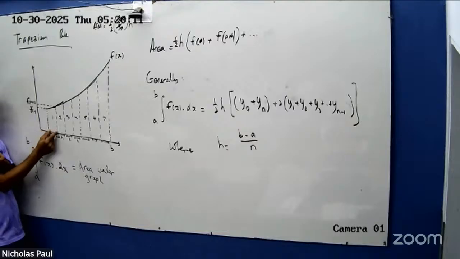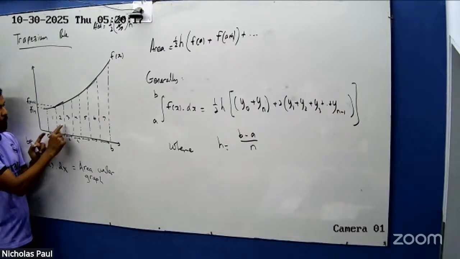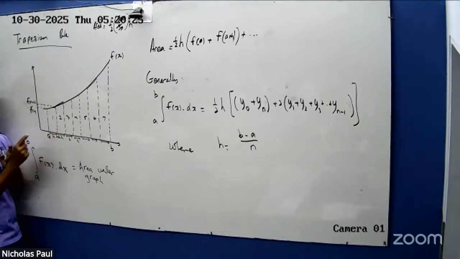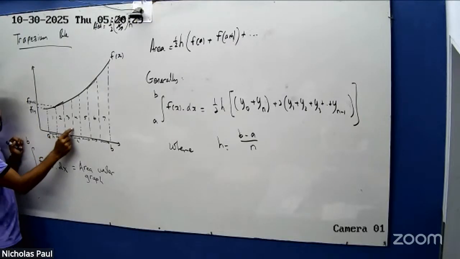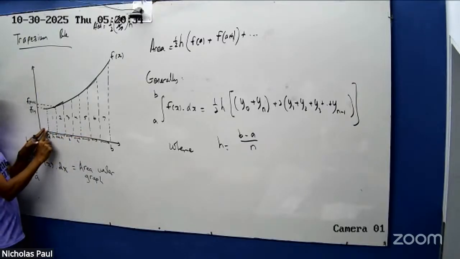We're using y1 for this one, and we're using y1 for this. Watch again. y2, y3. So we're using y2 for second trapezium, and we're using y2 for the third trapezium. Everybody okay with that? So all these sides we are using in the formula twice, except for the first and the last.